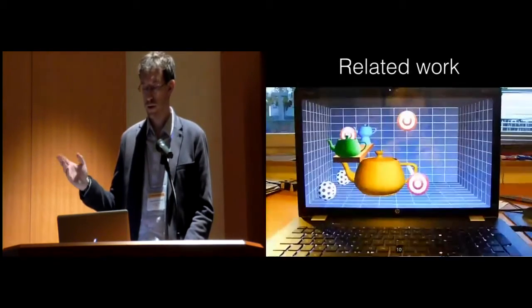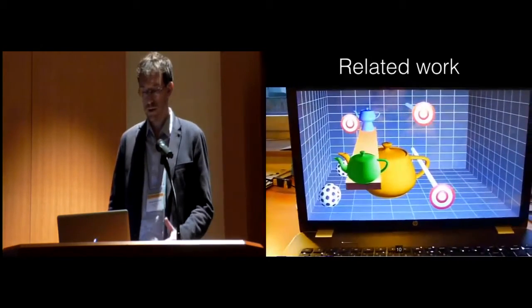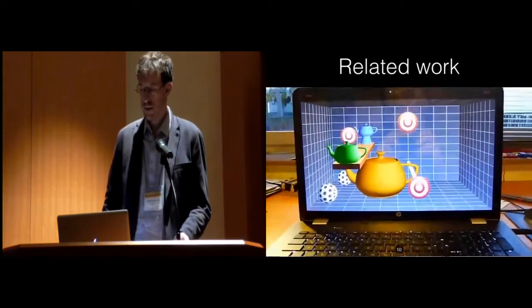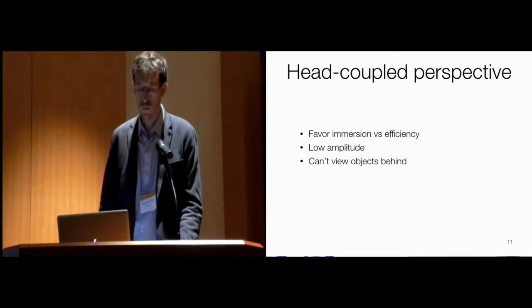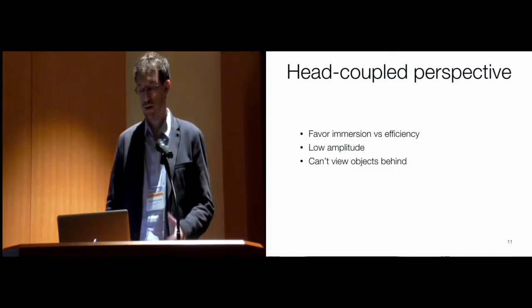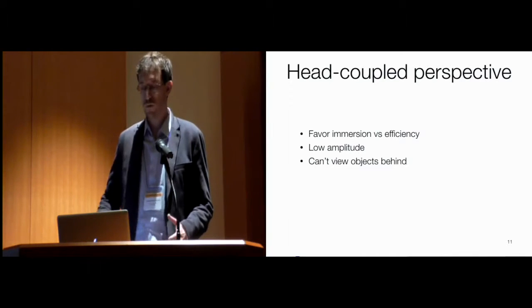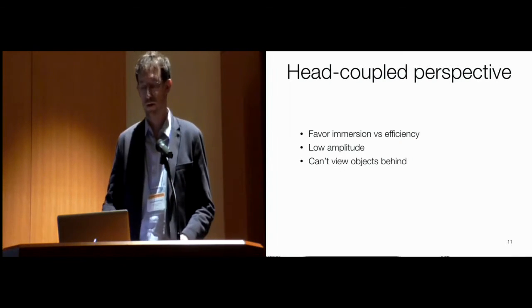Here we have motion parallax, a depth cue, which we didn't have before. This is great because it gives you a better sense of depth, but at the same time it's lacking several things. It's good for immersion because it feels intuitive, but you have low amplitude, because usually it works using the translation of the head, and you cannot do a full turn in the 3D scene, so you cannot turn around the whole scene.